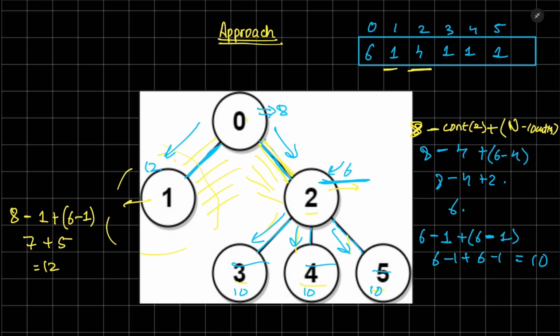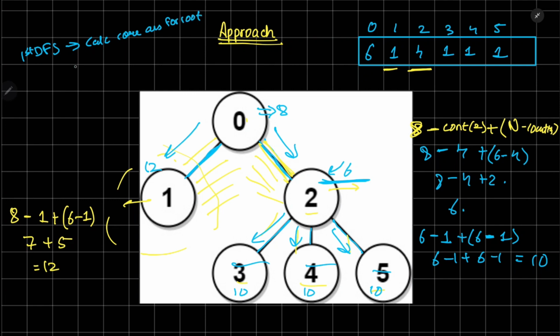We did DFS twice. In the first DFS, what we did was we calculated the answer for the root. Let's assume we are calculating the answer for 0 only, hard coding it to 0, assuming that the tree is rooted at 0. You can assume it to be any vertex. So it will calculate the correct answer for the root.